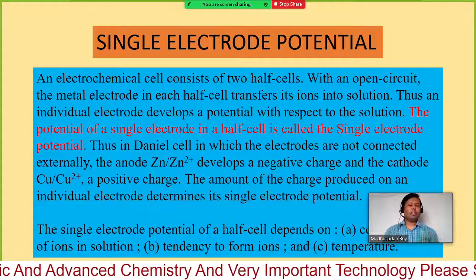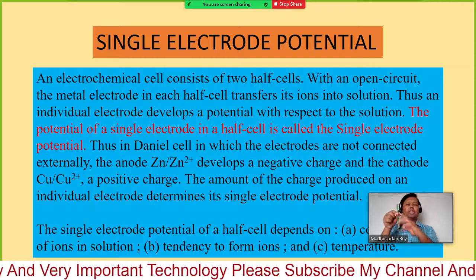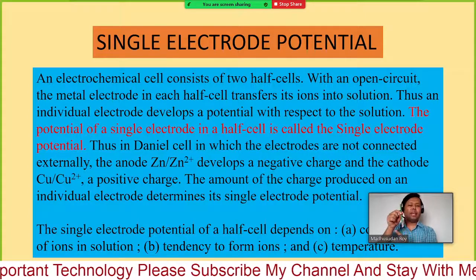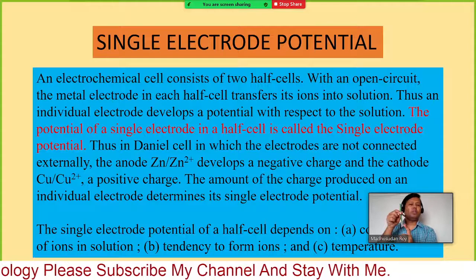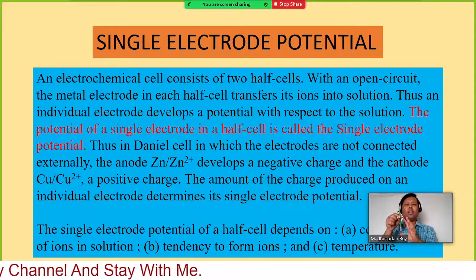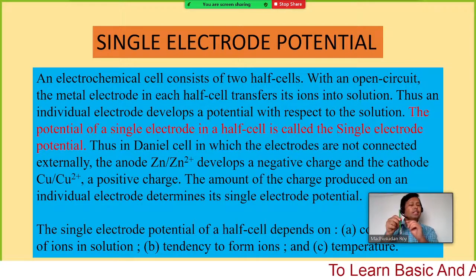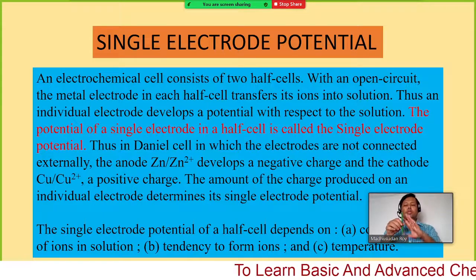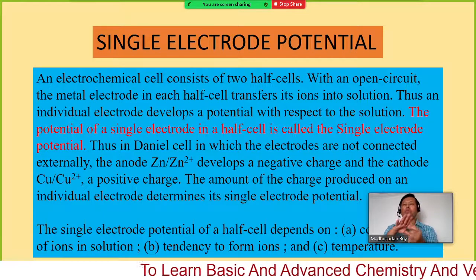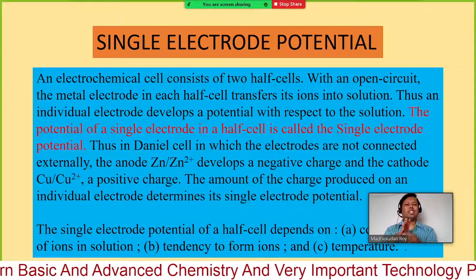Considering only one, when this electrode is dipped into some electrolyte, it will donate some electrons. Thus an individual electrode develops a potential with respect to the solution. This electrode will produce some potential because it is donating some electrons. If two half cells are connected, in that case the function is a little bit different.